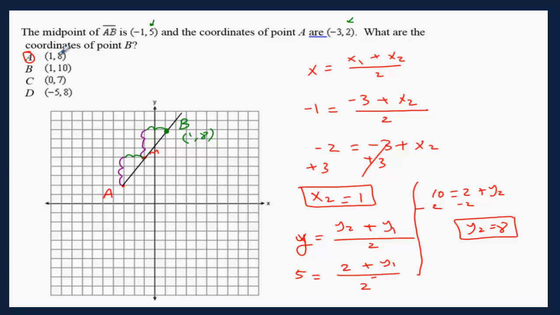So if one choice is one end, and point A is the other end, and this is the midpoint, try to average them. 1 plus -3 is -2, divided by 2 is -1. 8 plus 2 is 10, divided by 2 gives you 5. So that's the third way. Just try each choice with point A to find the midpoint. Work well.